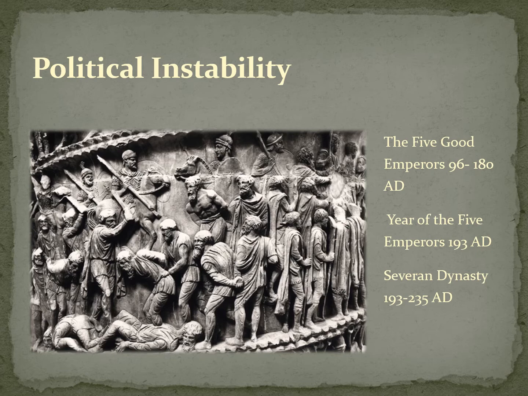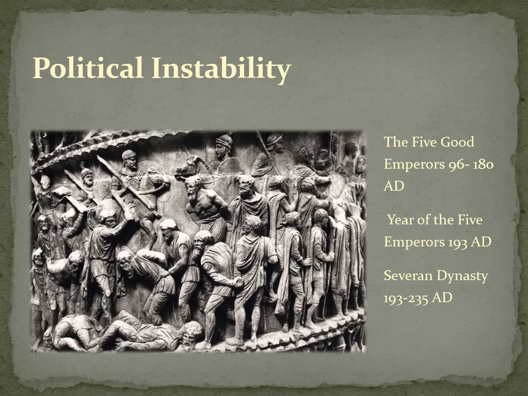In order to finance this, Severus also had to inflate the currency and make all kinds of confiscations. Basically, a lot of the senators who he didn't like or suspected of treason, well, he had them murdered and took their wealth from them.